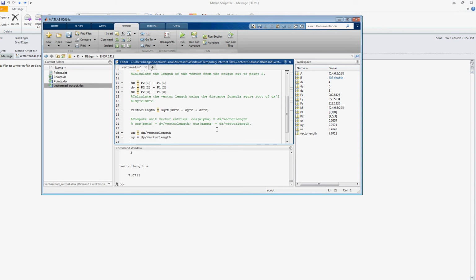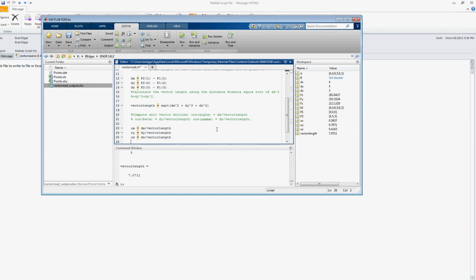Then finally the third is going to be uz. It will be equal to dz divided by the vector length. Alright folks, let's check this. Let's save it and see if it runs.